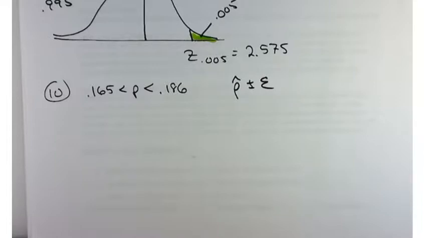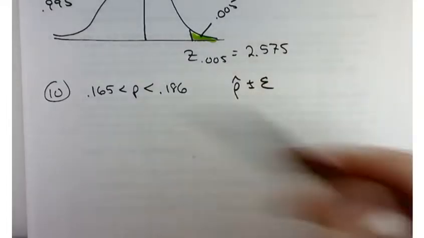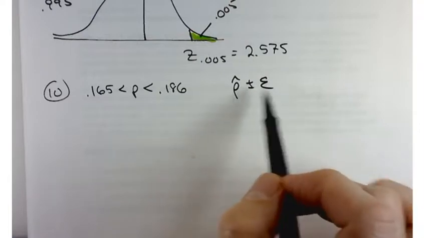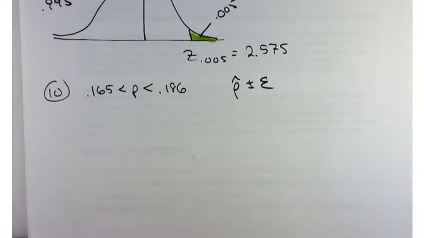So I need to figure out what the middle is. That'll be my p hat. And then I need to figure out the error term. Any suggestions on figuring out the middle term?